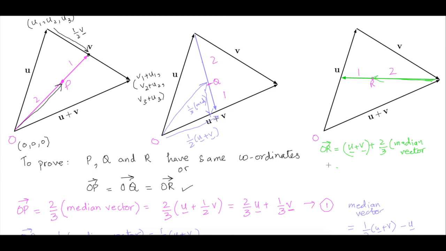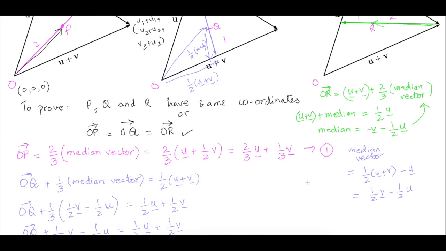Note that U plus V plus the median vector is half of U, and they are all vectors, so we have to be careful here. So the median here is negative V, and then negative half U. Then I plug it here.